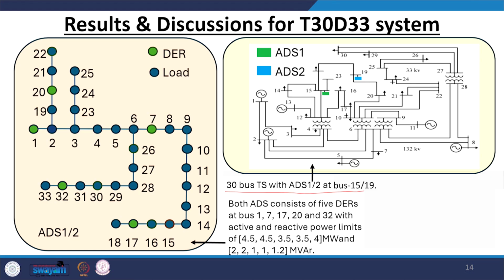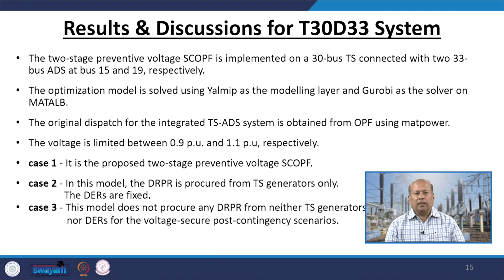That means, in the transmission system, at bus number 15 as well as 19, we connected those distribution systems of 33 bus. Now, the two-stage preventive voltage security constrained OPF is implemented on a 30 bus transmission system connected with two 33 bus active distribution systems at bus number 15 and 19.